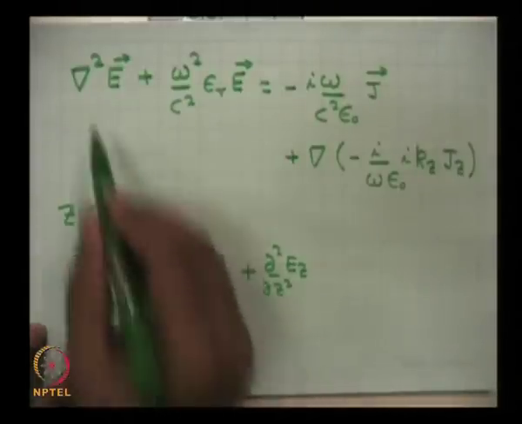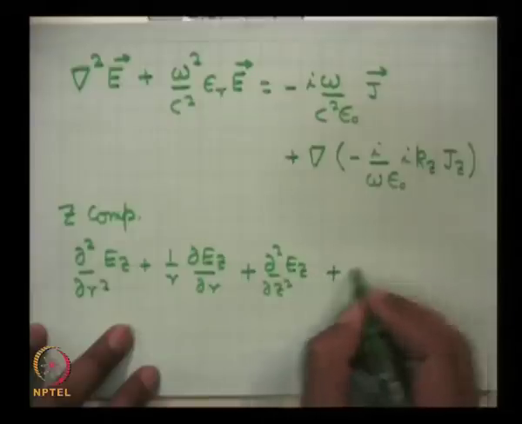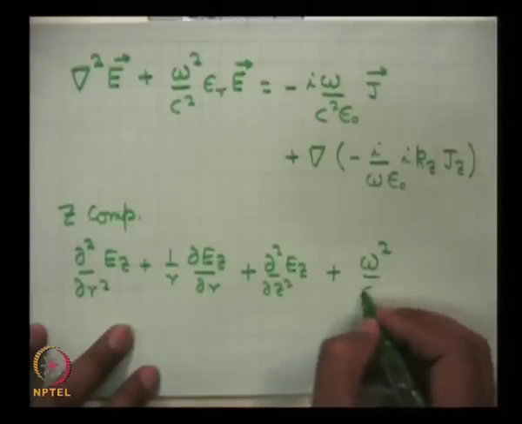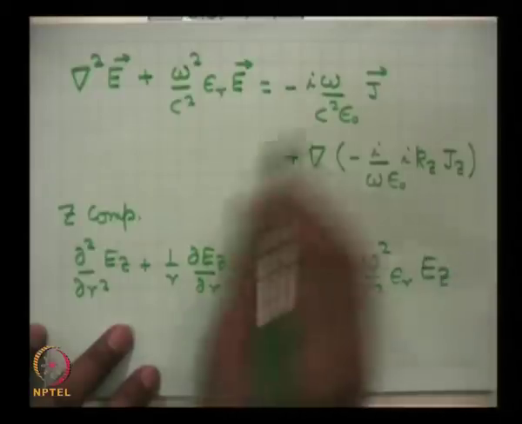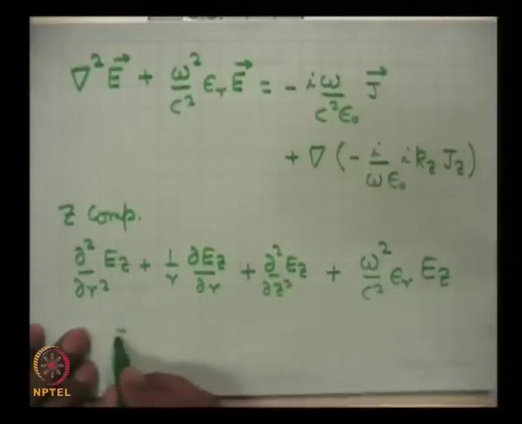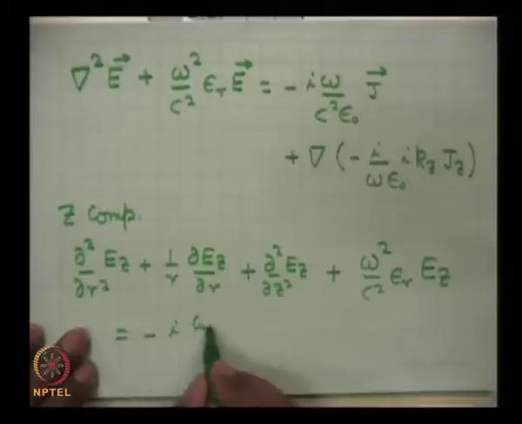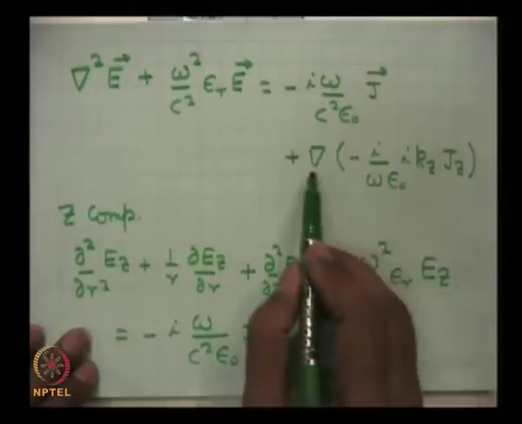So this is the z component of this term, plus omega square by c square epsilon r into Ez. The right hand side is minus i omega upon c square epsilon 0 Jz. How about this term?